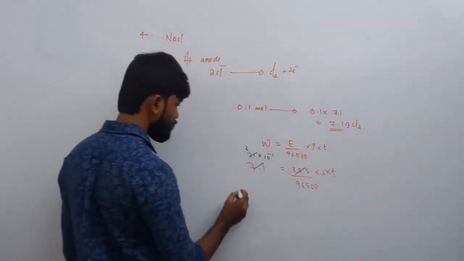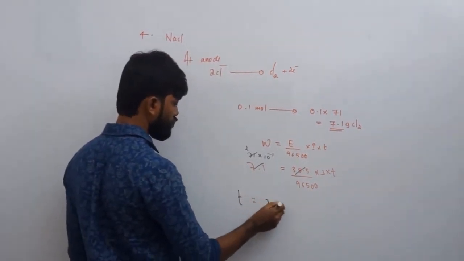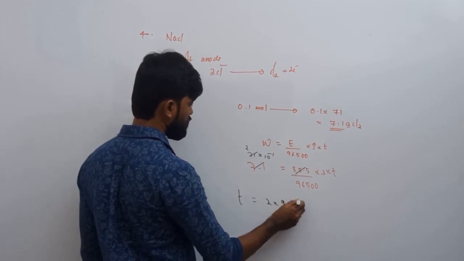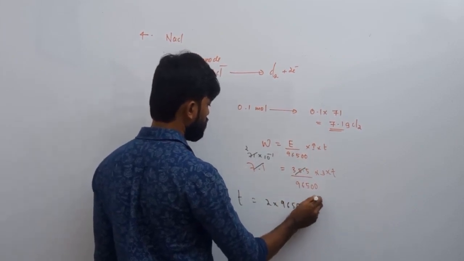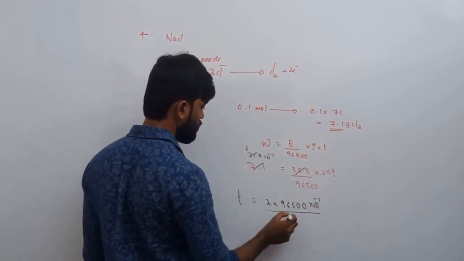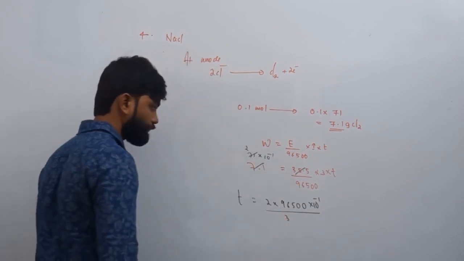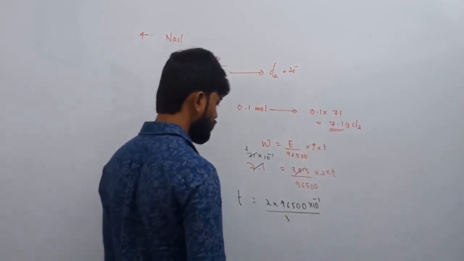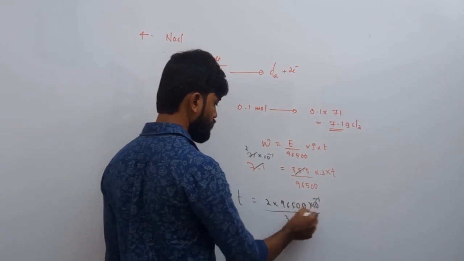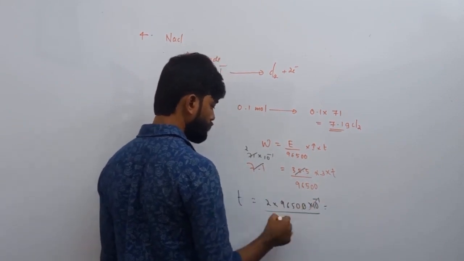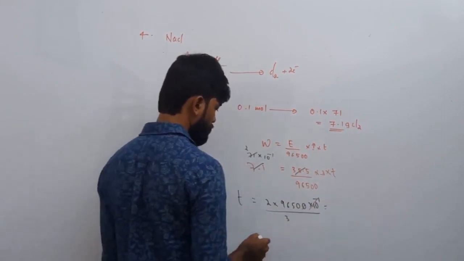So the time is equal to 2 into 96500 into 10 to the power minus 1 divided by 3. So this is 9650 into 2 by 3 times.